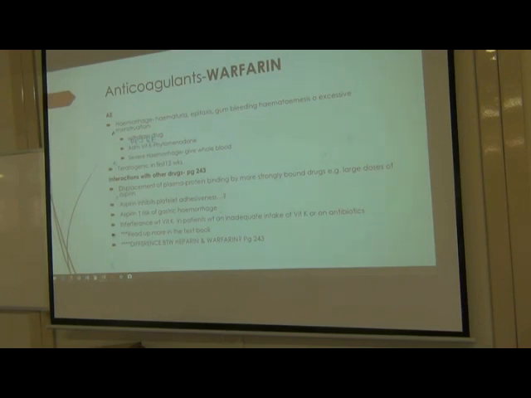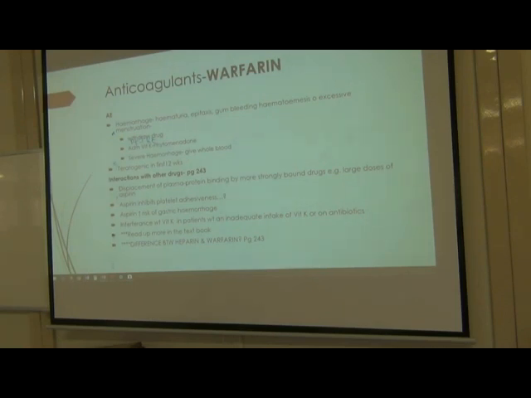Also, aspirin inhibits platelet adhesiveness. So you don't want to give warfarin and aspirin together, because warfarin is an anticoagulant that inhibits coagulation, and aspirin does what? Inhibits platelet aggregation.